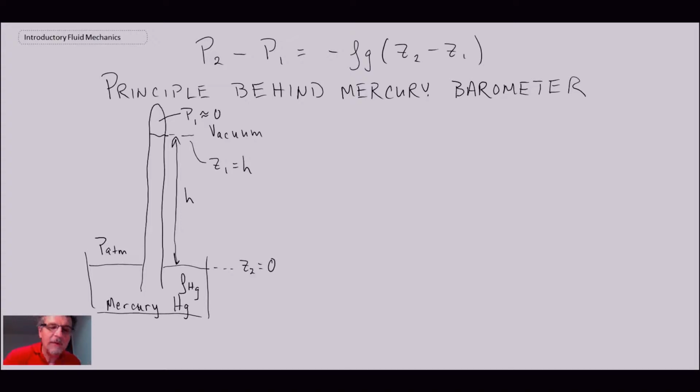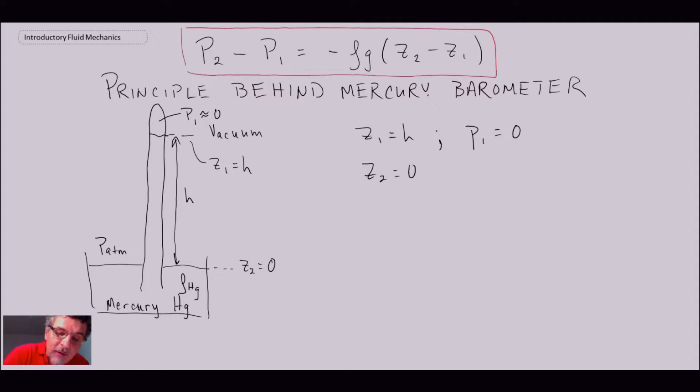So the operation of a mercury barometer uses this equation here, and the way that it operates is we know z1 equals h, and at that location, pressure 1 is equal to 0 because we said that there was a vacuum formed at the top of this tube. And at z2 equals 0, we know that the pressure there is equal to the atmospheric pressure. And remember, with a barometer, this is what we're after. We want to be able to measure the atmospheric pressure. So that's the purpose of the barometer.